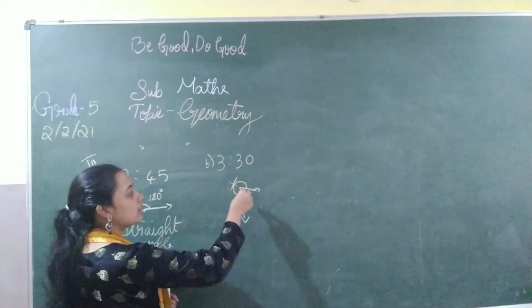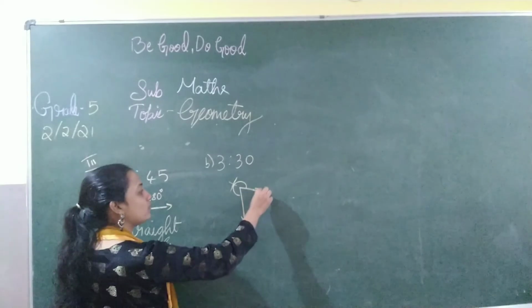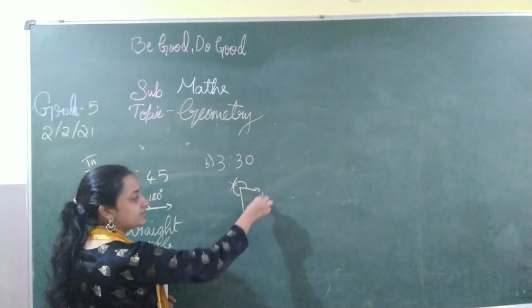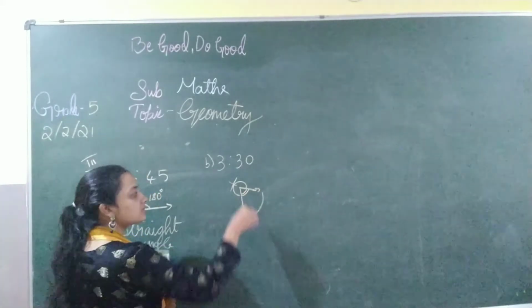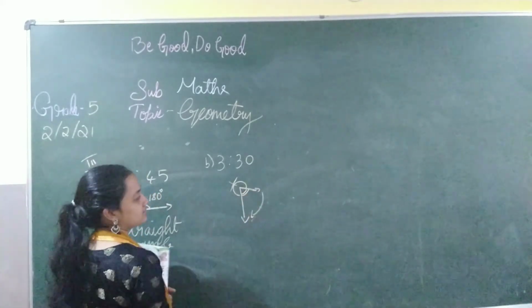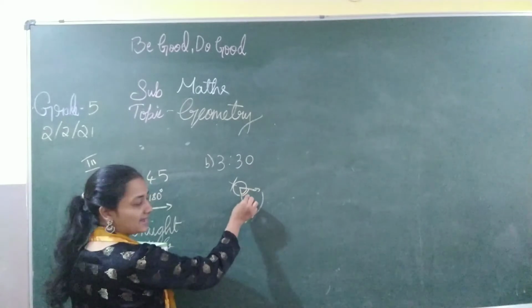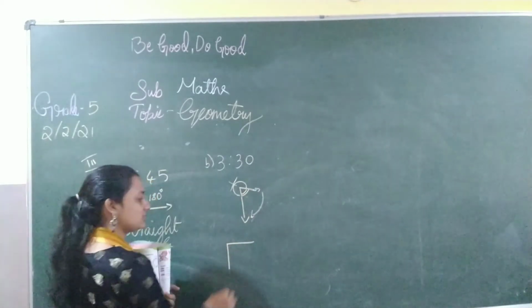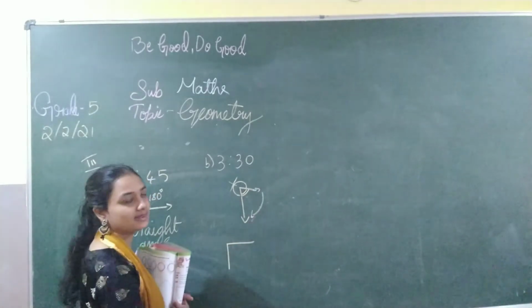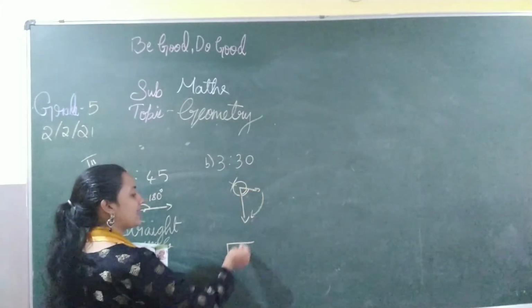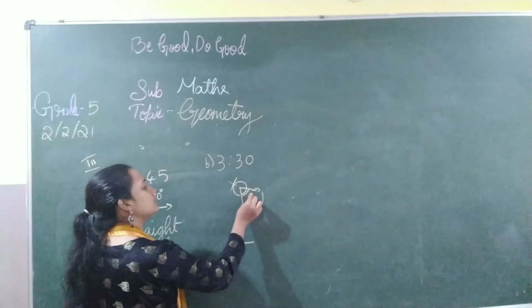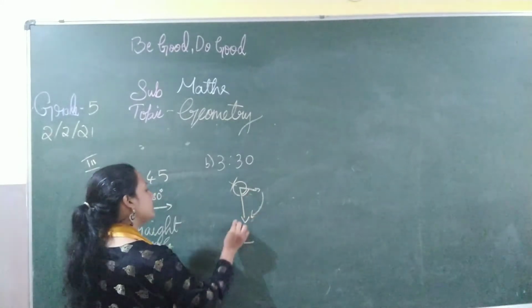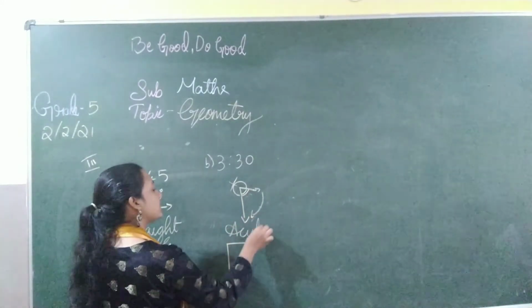How will the hand move? Hand move in this direction. So you should always measure the angle here. So which type of angle is this? It looks less than 90 degree. If it's exactly in the L shape, then we can say it is 90 degree. But here it looks not exactly L shape, so it will be less than 90. So what is this angle called? It is acute angle.